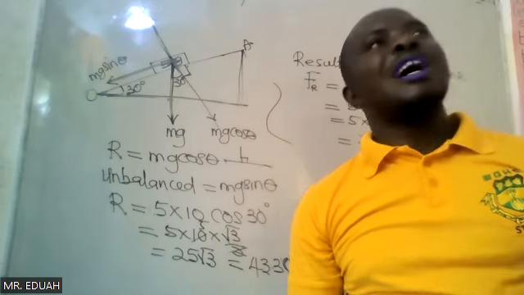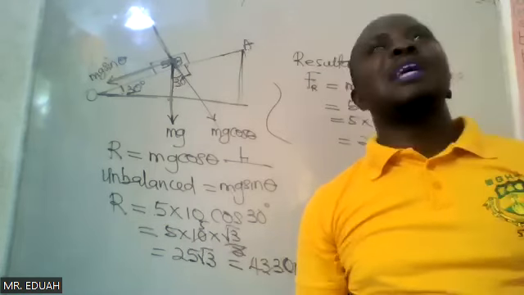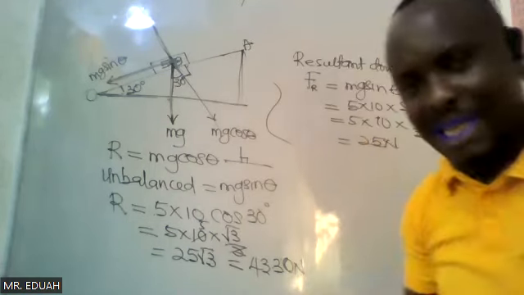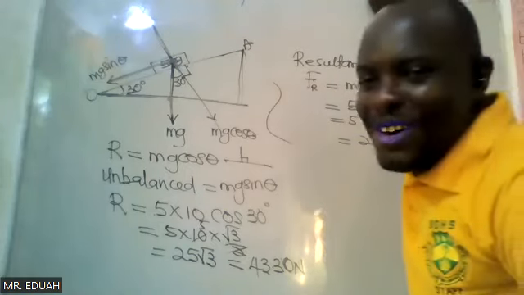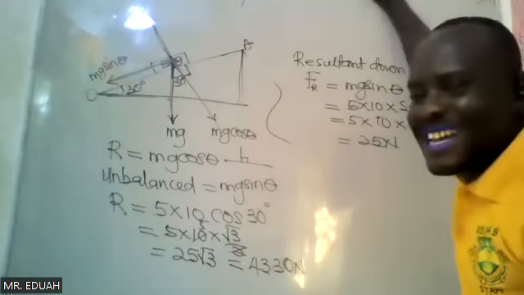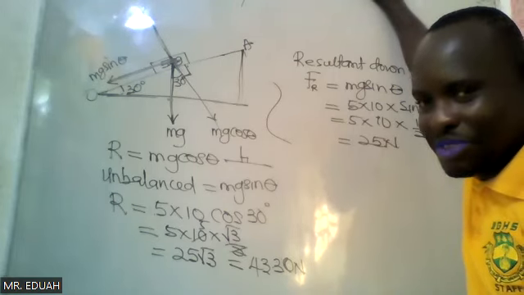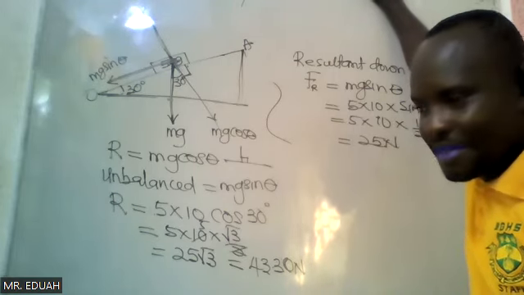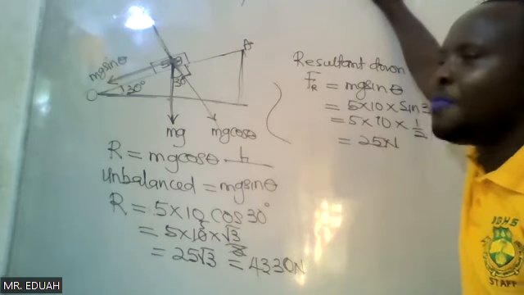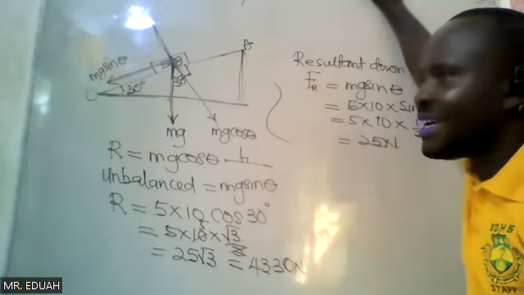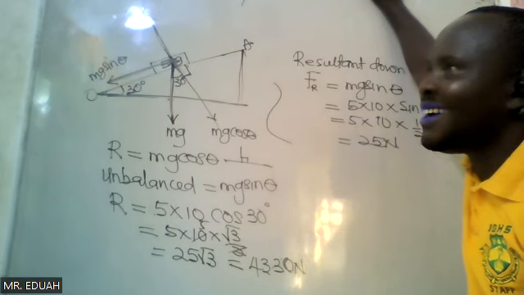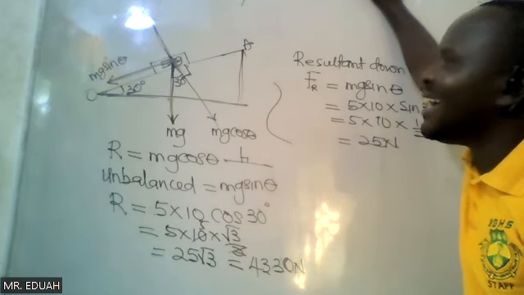Okay, I won't buy it. Why will it accelerate down the plane? More views. Because that's the direction of the resultant force.